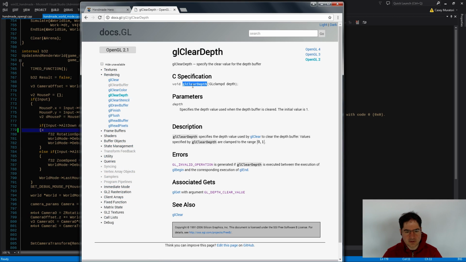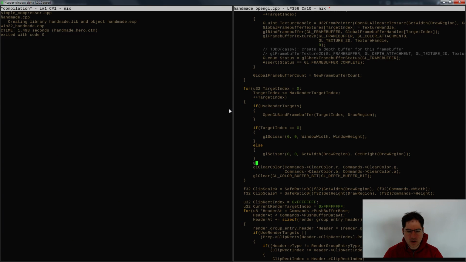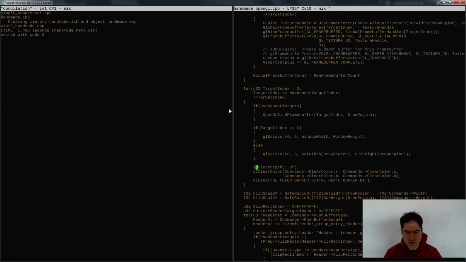So you can see here, clear depth, it gives a depth value here that we're going to clear to. And 1 is considered the furthest away. So again, z gets larger as you get away from the camera. So if I wanted to, I could also specify this explicitly that we're going to clear to 1. So now we're saying clear to this RGBA, and also clear to this depth when you go.